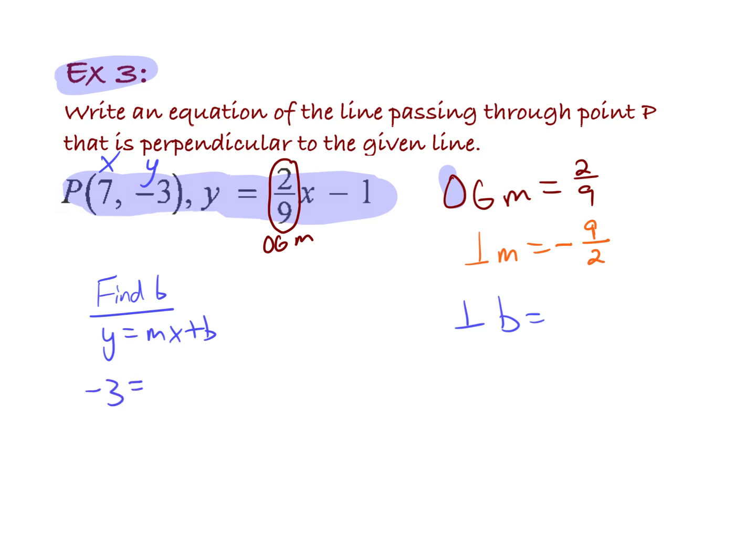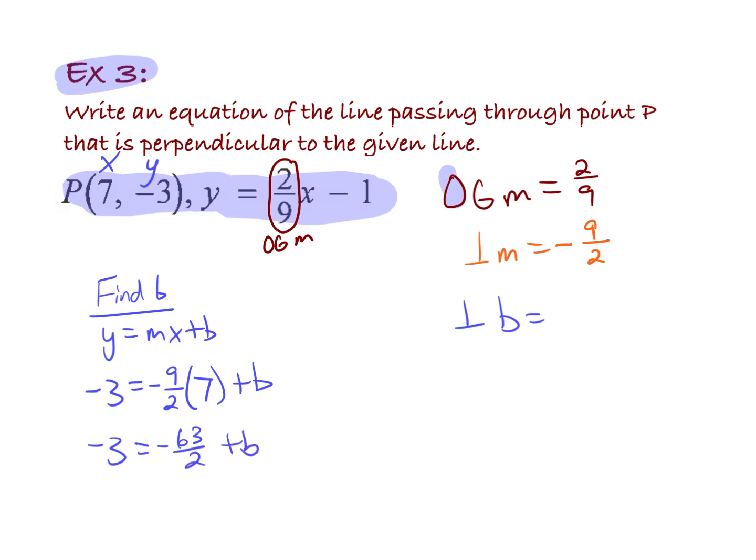What's my m? -9/2. The x? 7 plus b. All right. Now this one's going to give us some decimals and stuff. Just keep everything fractions the whole time. So on your calculator, just math enter to give you fractions. So I'm going to bring the -3 down.